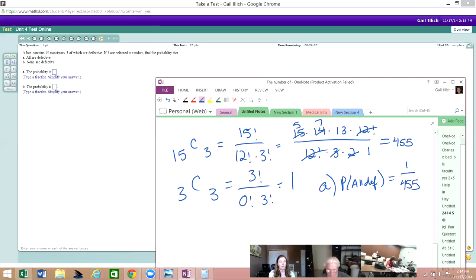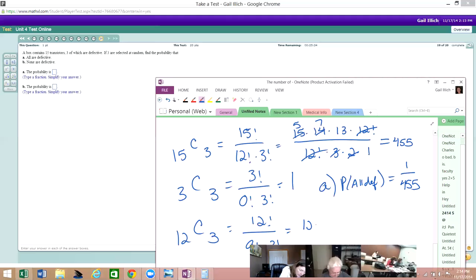Now, the probability that none are defective, how many not defective are there? 12. Good. So you're going to do 12 choose 3 to figure out how many different combinations of the 12 non-defective you could get if you take 3 of them. So that's 12 factorial over 12 minus 3, which is 9, 9 factorial times 3 factorial.